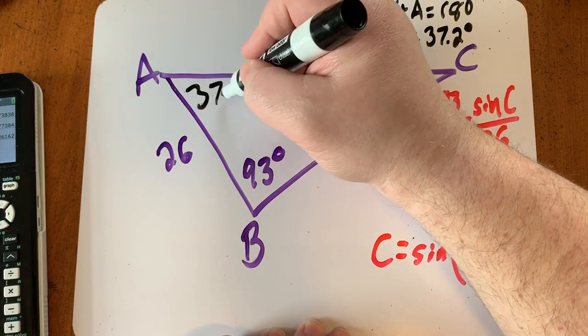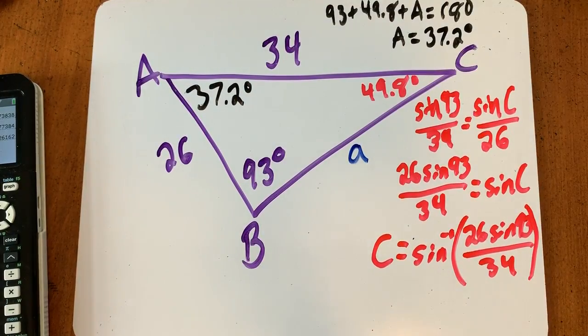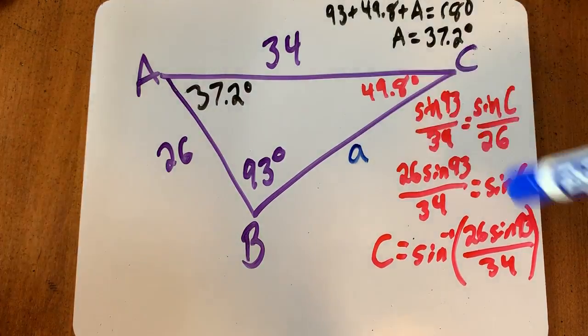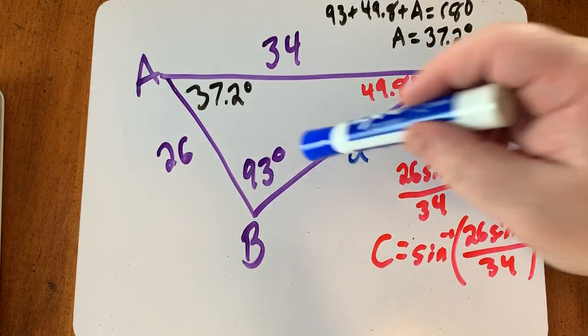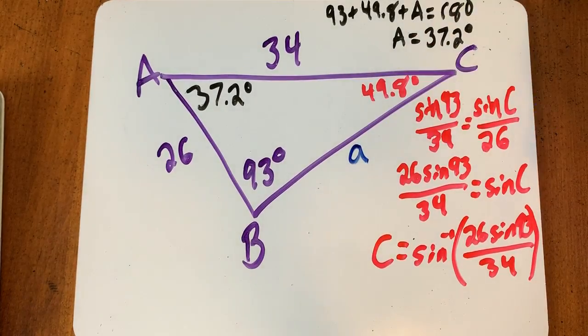So angle A is 37.2 degrees. So now the only thing that we're missing is side A. So we have everything except side A.